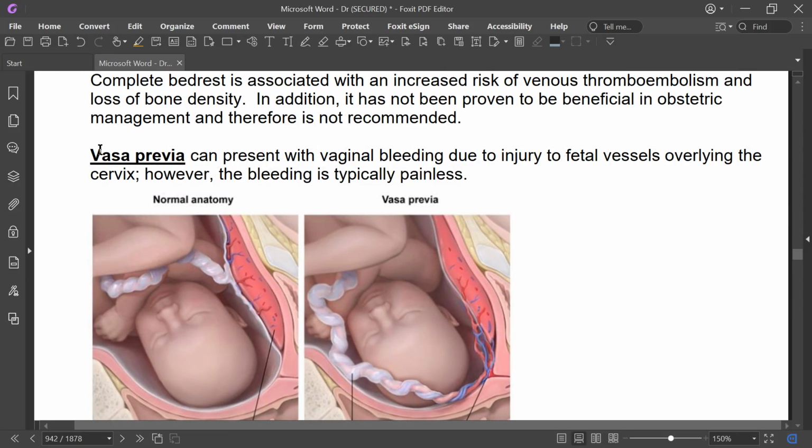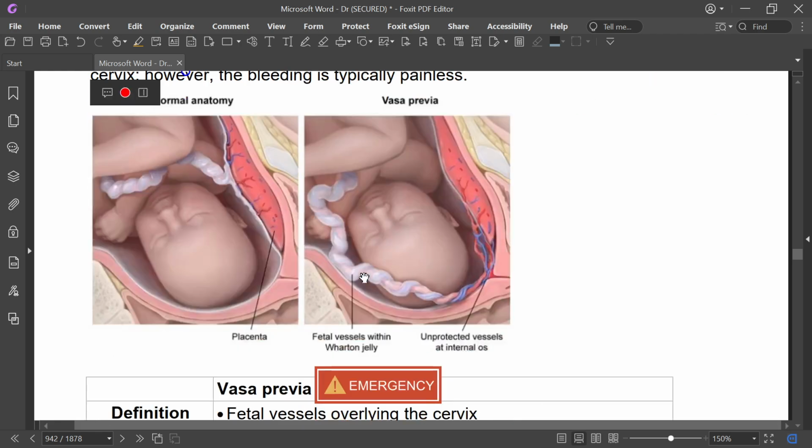Then vasa previa. Vasa previa can present with vaginal bleeding due to injury to the fetal vessels overlying the cervix. These are unprotected fetal vessels within the Wharton jelly at the internal os.